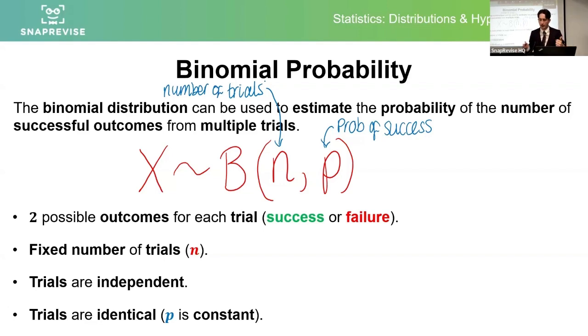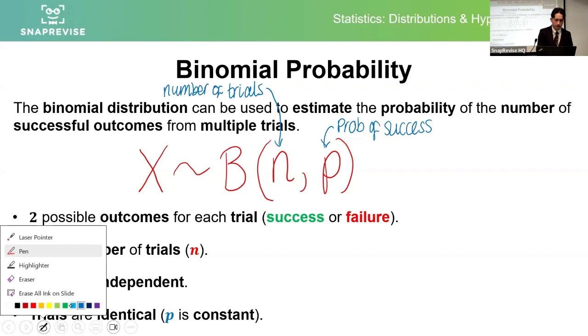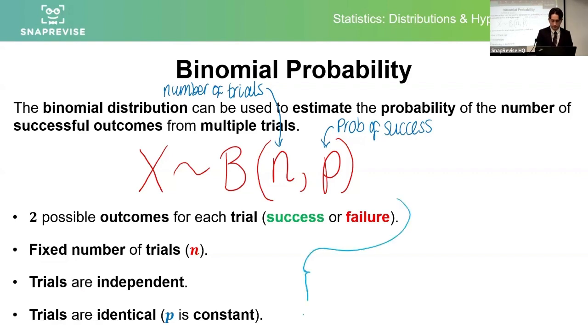It doesn't remember what happened before. And constant probability is the final crucial thing: the chance of being successful each time does not change. So these are the conditions under which it's appropriate to use a binomial distribution. Make sure you know them, and don't forget any of them, because we're often asked to explain why it's appropriate. Conditions for binomial.